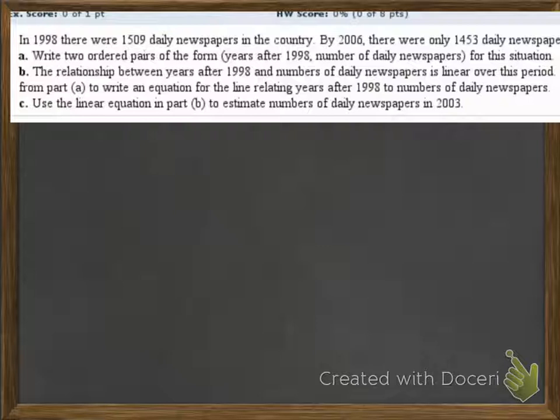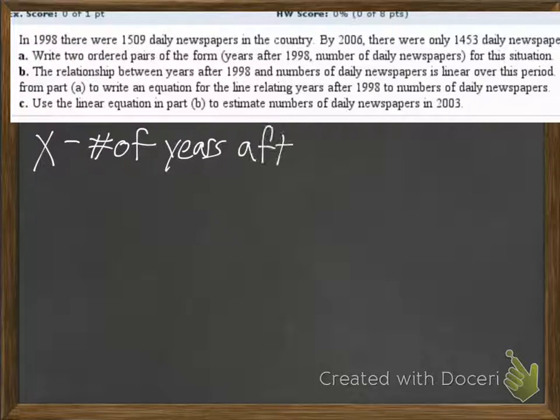And we want to come up with an equation. A lot of times you'll find in these word problems that we're going to want to restrict ourselves. In this problem we're very specifically asked to restrict ourselves so that x is the number of years after 1998.